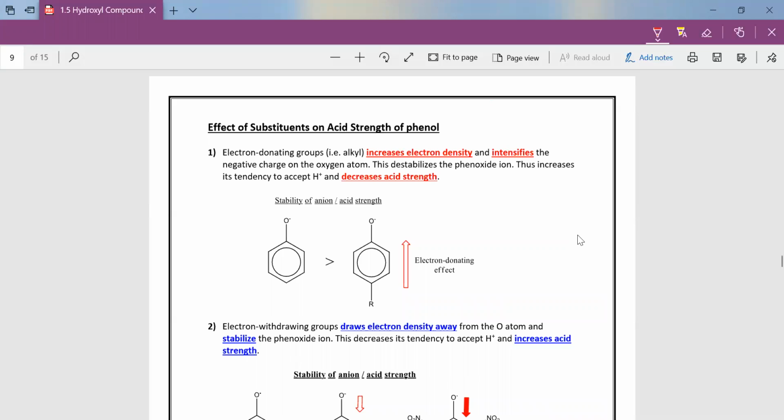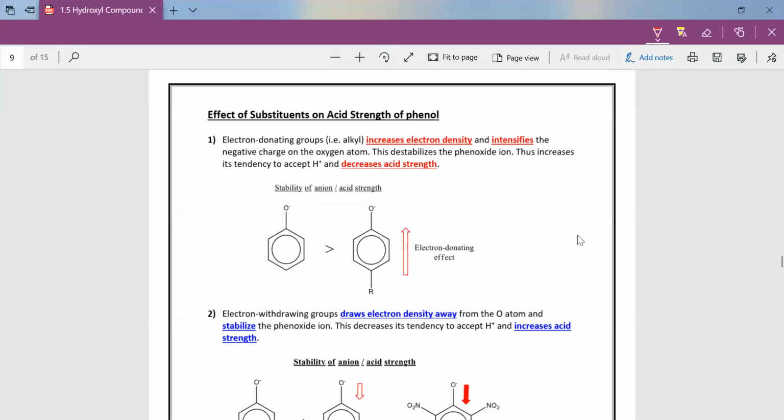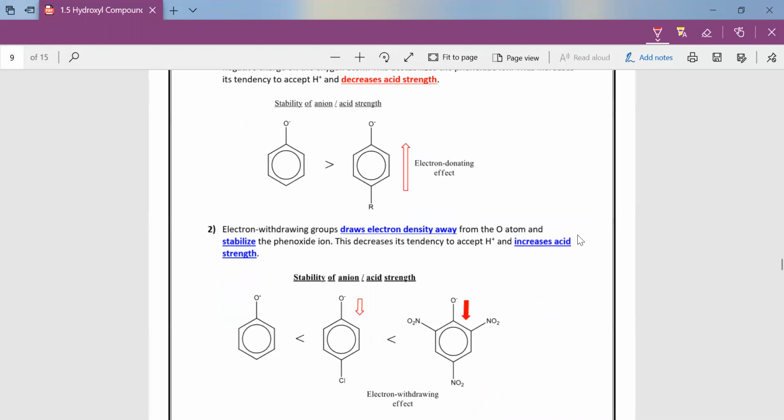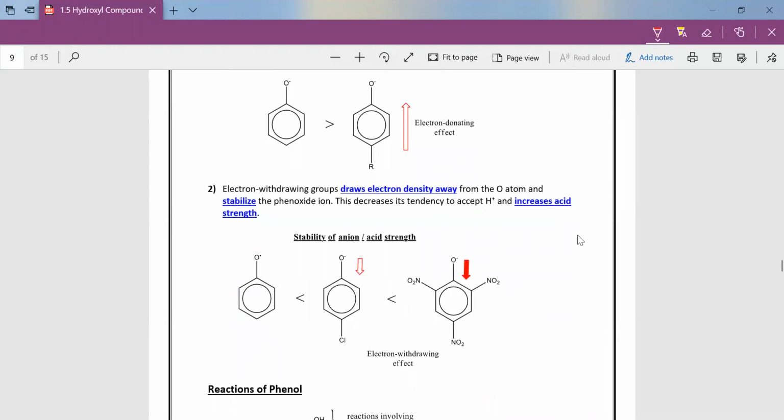So now we look at the effect of substituents on the acid strength of phenol. If you have an R group on the ring, it donates electrons. This destabilizes the phenoxide, so it decreases the acid strength. But if you have an electron withdrawing group that withdraws electron density from the ring, then that will stabilize the phenoxide, making it more acidic.